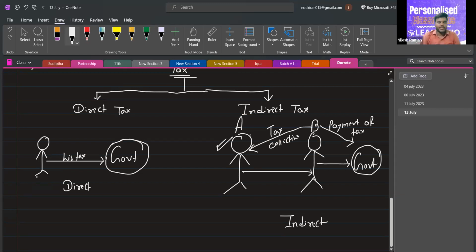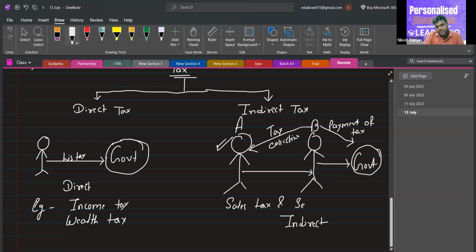Direct tax examples are income tax or wealth tax. And in indirect tax, previously there was sales tax and service tax, but now they are replaced by GST.